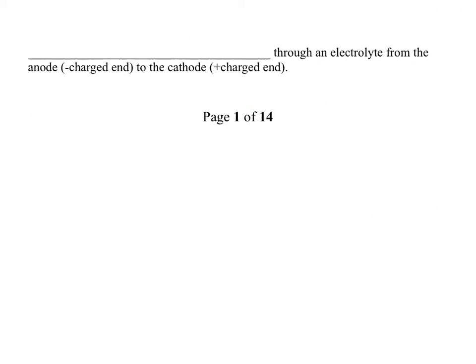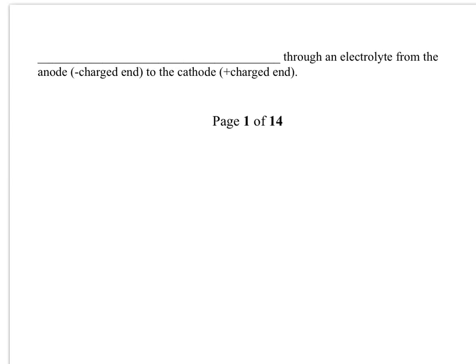And another concept that we used to study electrons was the functioning of batteries. So also remember that the movement of electrons is important in functioning of batteries, as electrons flow through an electrolyte from the anode, which is the negatively charged end.